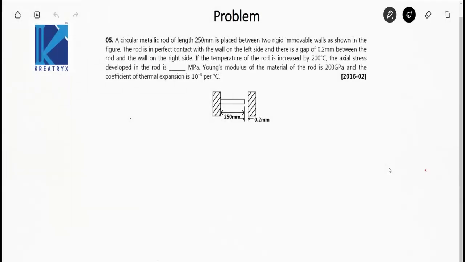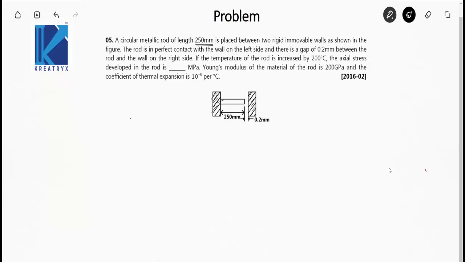The next question is a circular metallic rod of length 250 mm placed between two rigid immovable walls. The rod is in perfect contact with this wall and there is a gap of 0.2 mm between the second wall and the rod.